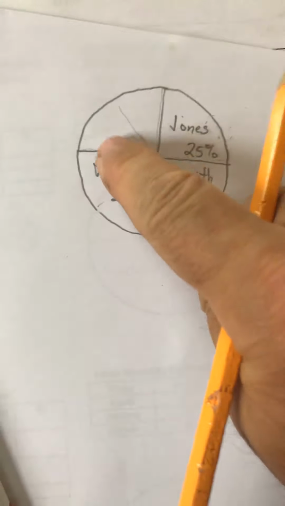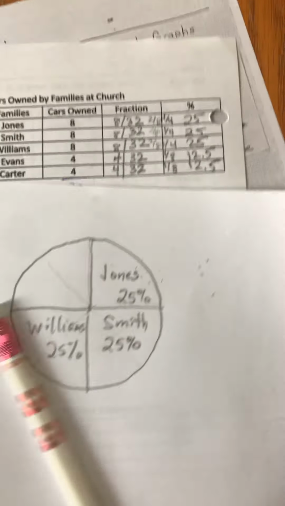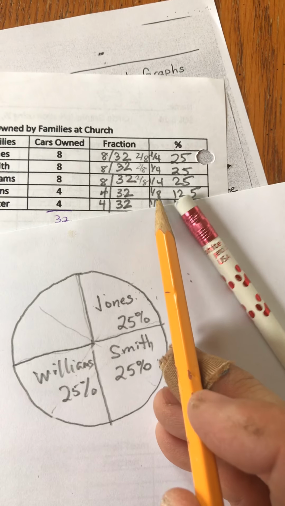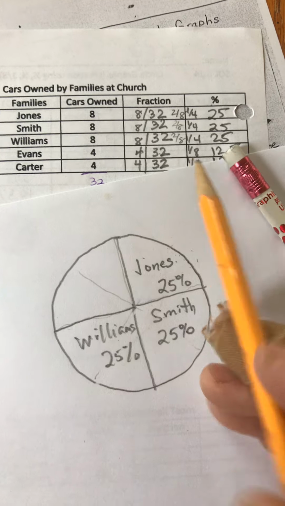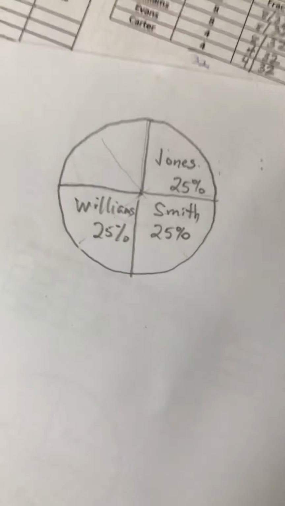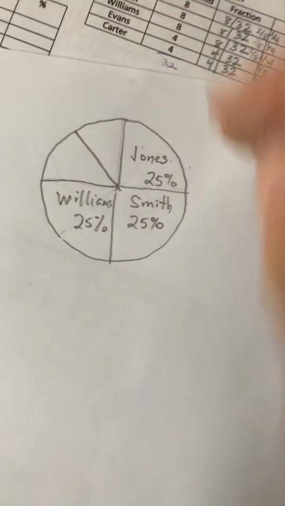We only have 2 parts left, so hopefully we don't have more than 2 pieces left. Out of the 8 parts, the Evans family is going to get 1, and the Carter family is also going to get 1. So we take those 2 parts that are left, draw a nice line in between, and make that one solid.